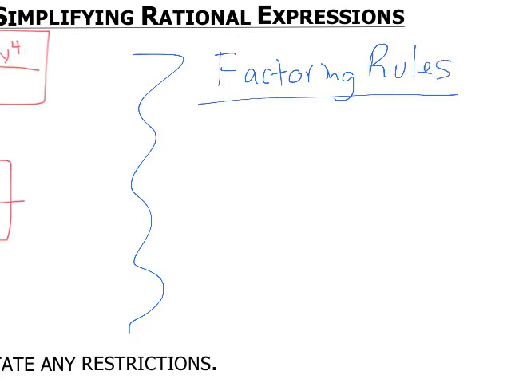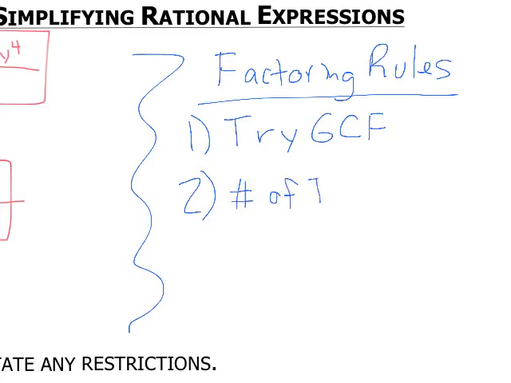Okay, so our factoring rules. Remember, the first thing I should always try is a GCF. I should always look to see if there's something in common that I can divide out of all of the terms, because that will be the quickest and easiest way to simplify. And then second, from there, all I do is check the number of terms, and that should tell me what to do.